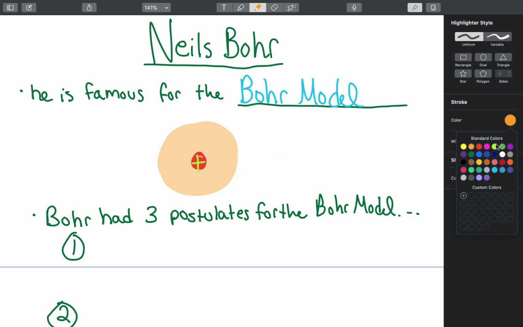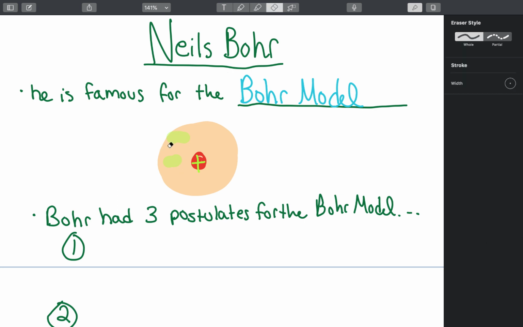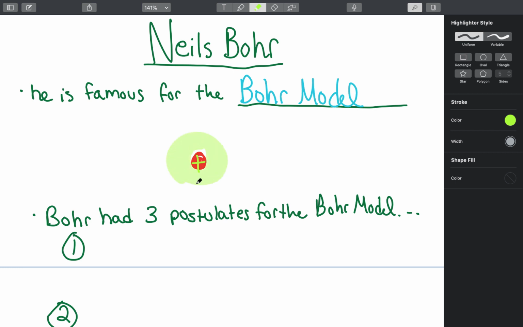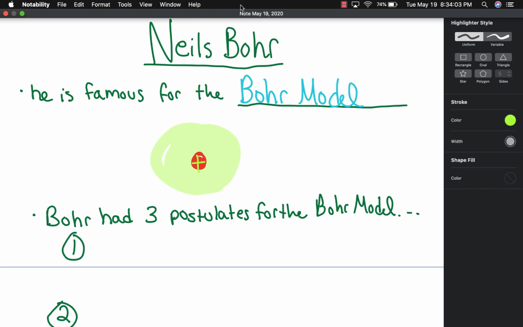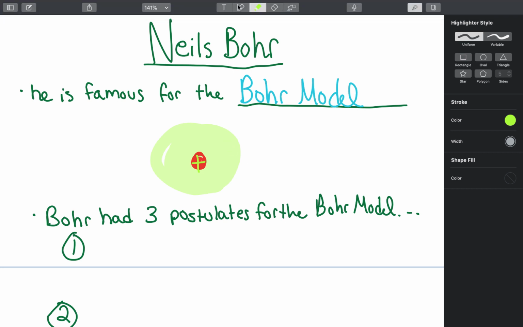So this is the electron cloud, and these electrons within the cloud have a negative charge.